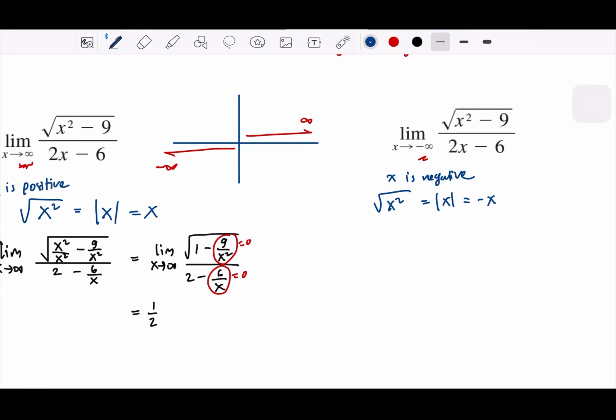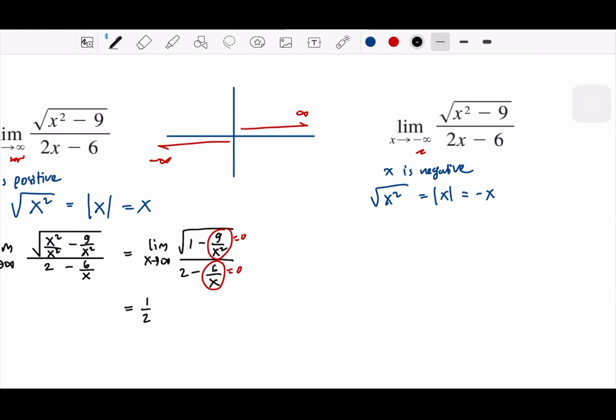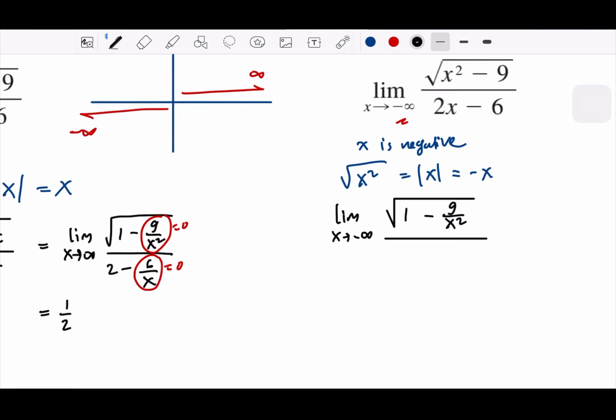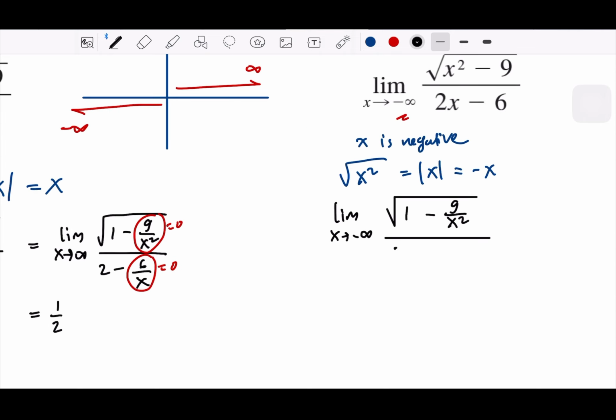So when we deal with the limit and we divide by the highest degree, which is 1, now we divide by this square root of x squared, which will be negative x, okay?